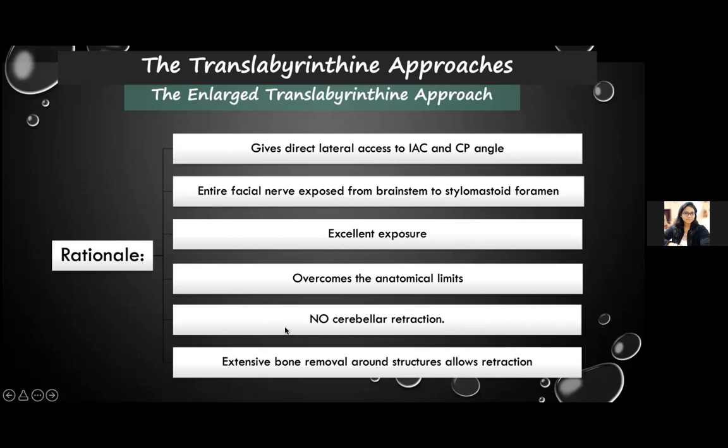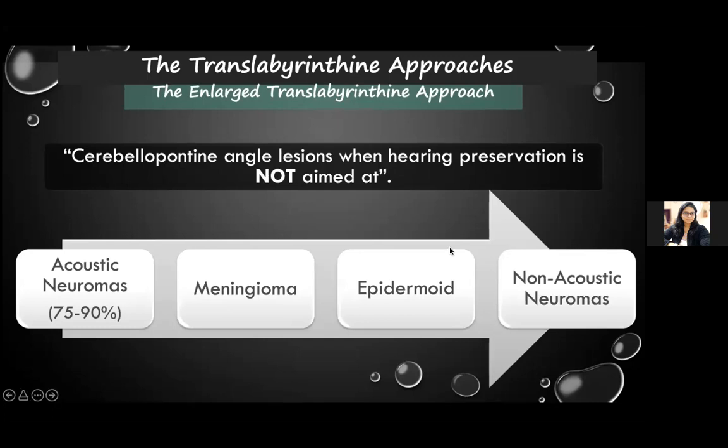Another important point is that they allow extensive bone removal around the structures, and this helps in retraction without causing much damage to the tissues. So these are the most important points of the translabyrinthine approach. Now, cerebellopontine angle lesions, when hearing preservation is not aimed at, we have already discussed, that's when we use translabyrinthine approaches.